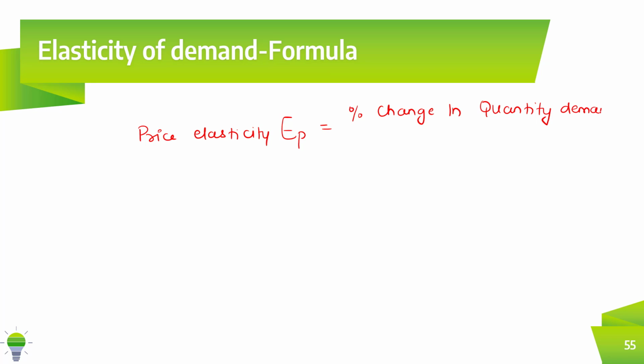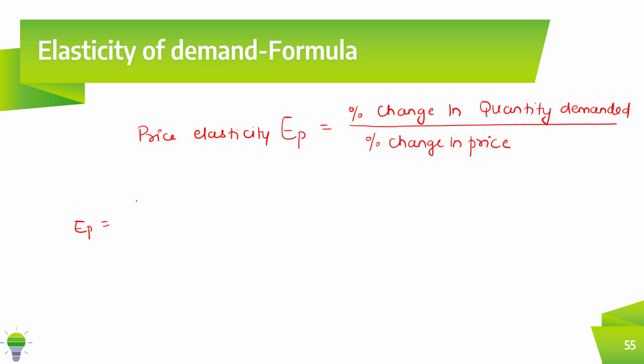Let's see the formula for elasticity of demand now. Price elasticity is denoted by the term EP, percentage change in quantity demanded divided by percentage change in price.